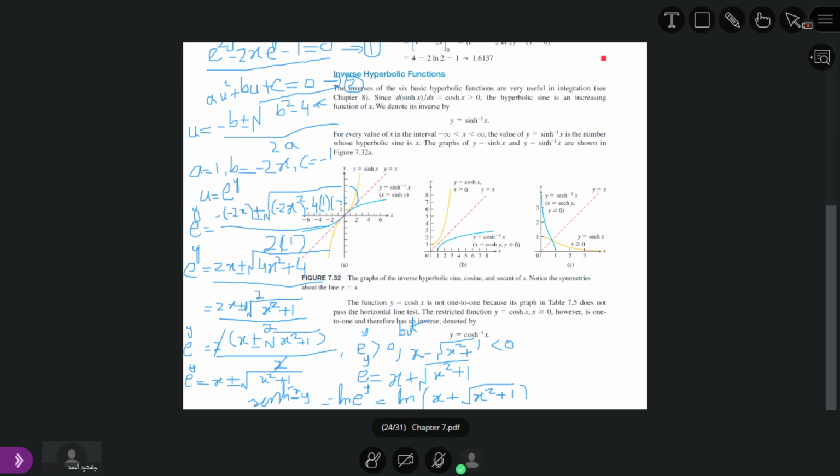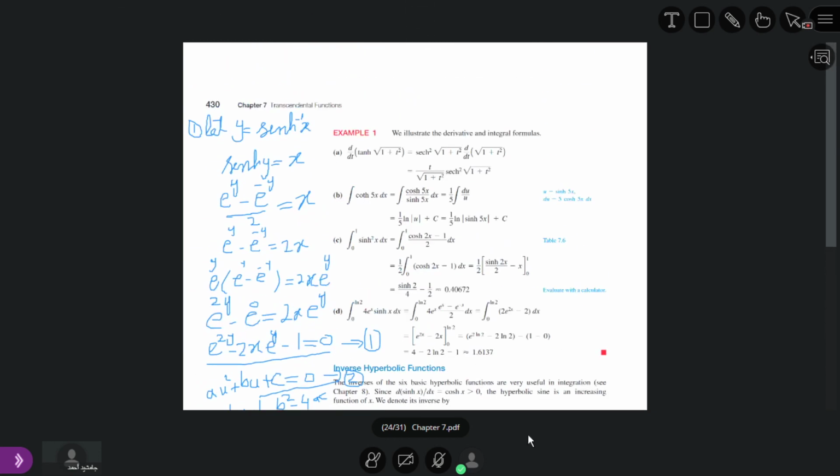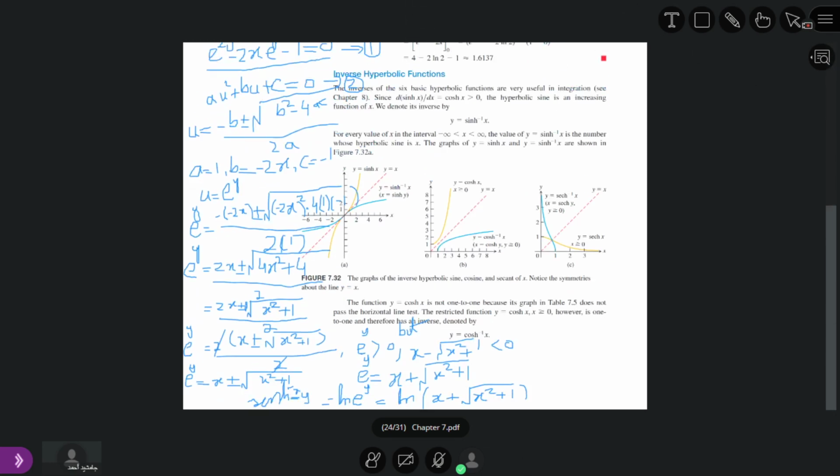If you want to take a picture of this proof, you can take, and then I go to the next, to prove cosine hyperbolic. Okay, you got my point?